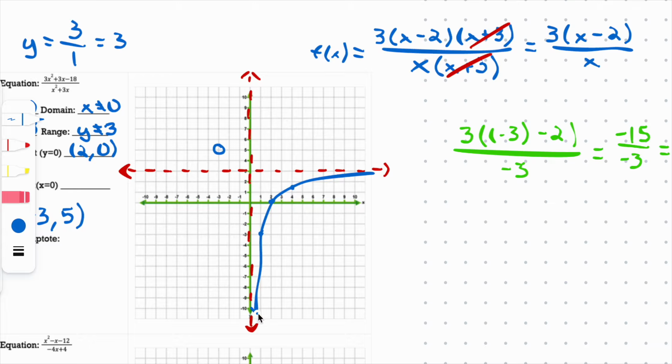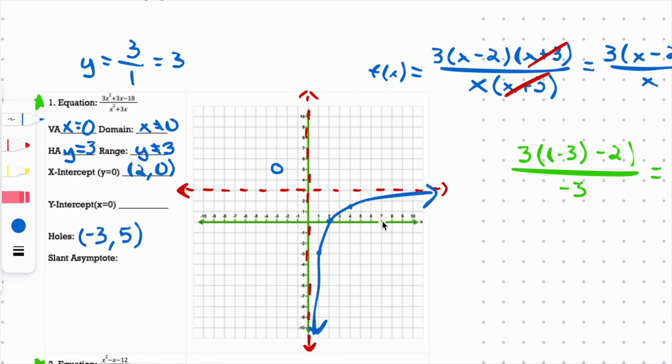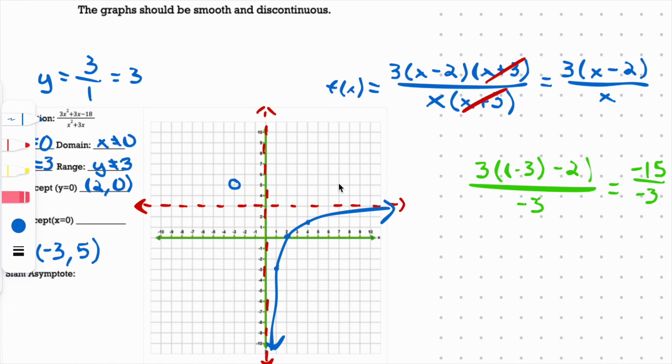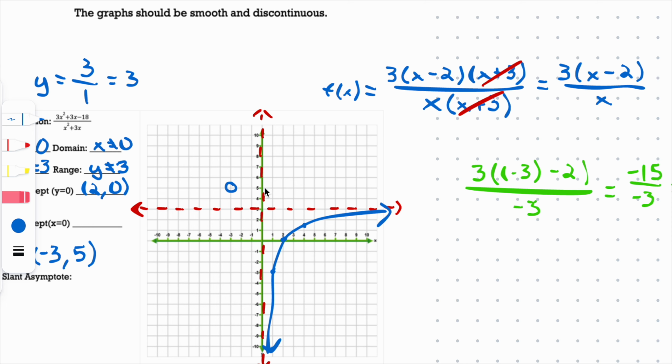Okay? And when I'm drawing this, notice how I'm getting close to the asymptote, but I'm never actually touching it. Okay? Now let's do this upper left-hand portion. Let's plug in negative 1. So negative 1 minus 2 is negative 3. Negative 3 times 3 is negative 9, and negative 9 over negative 1 is going to be positive 9.